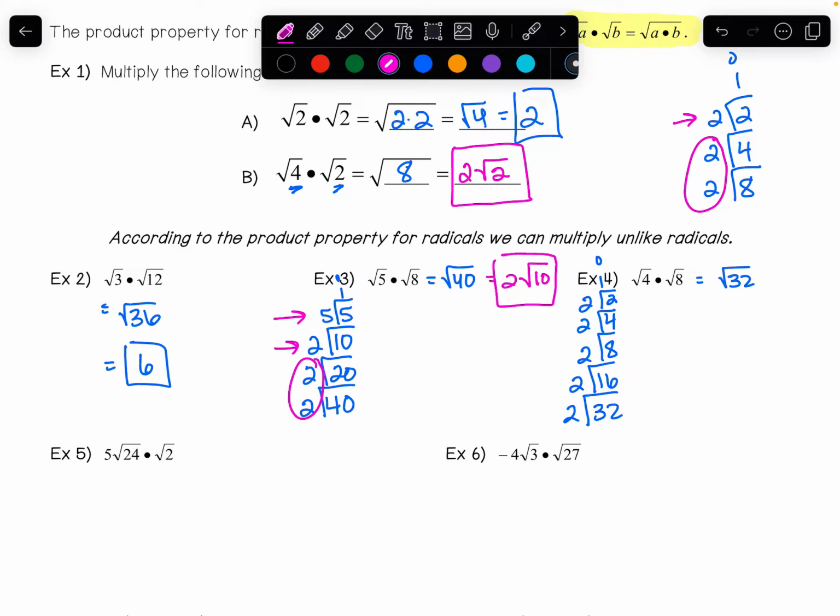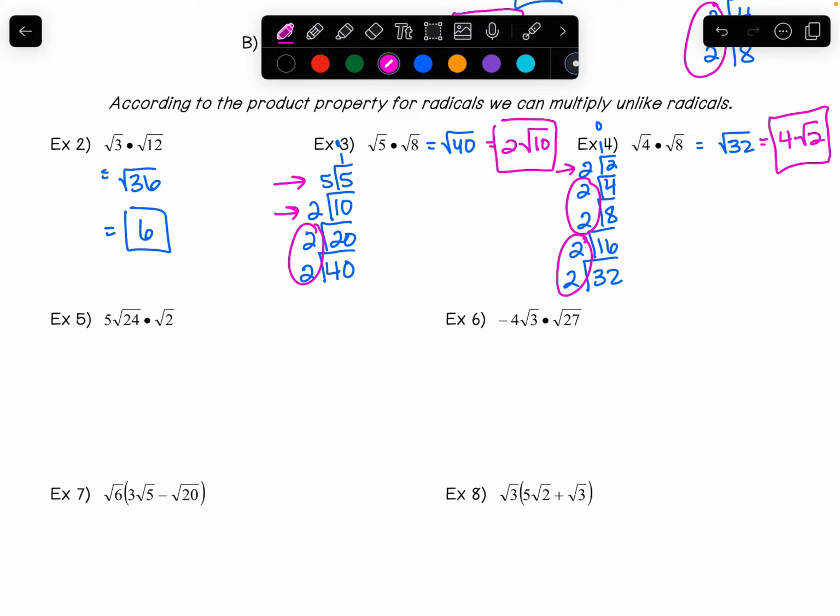So I'm looking for pairs of numbers to leave the square root symbol. Here I have 2 pairs of 2's that can leave. 2 times 2 is 4. This 2 does not have a pair, so that 2 is staying home. So here my answer is 4 square roots of 2.